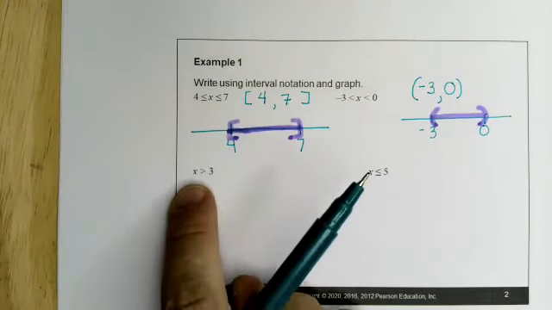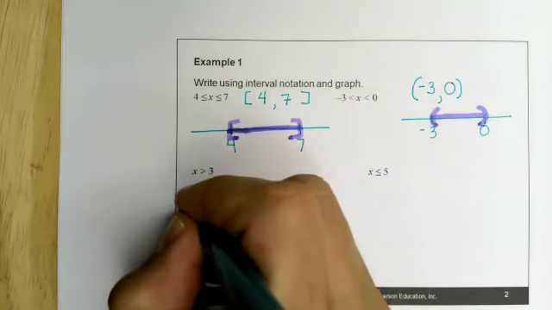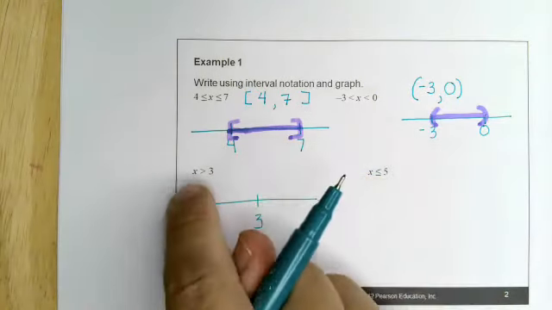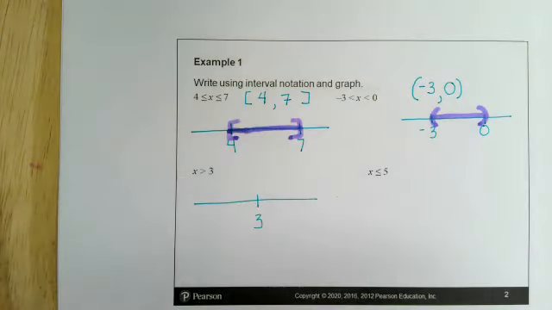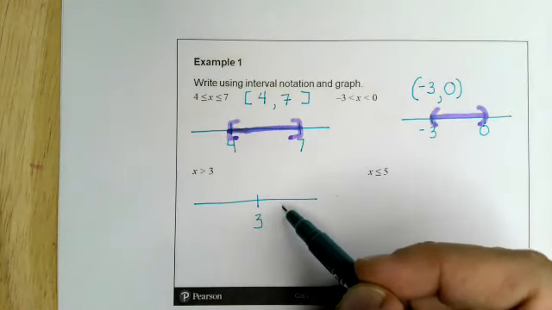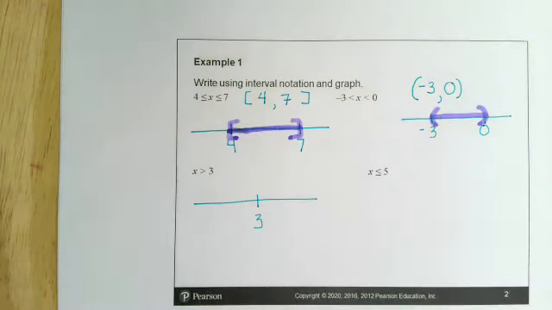All right. For these, it's a little bit easier for me to draw the graph first. So I'm going to draw a graph with a 3 on it. This says x, remember we always read from left to right. So it says x is greater than 3. X is greater than 3 means x is over here, right? 4 is greater than 3, 5 is greater than 3, 6 is greater than 3.